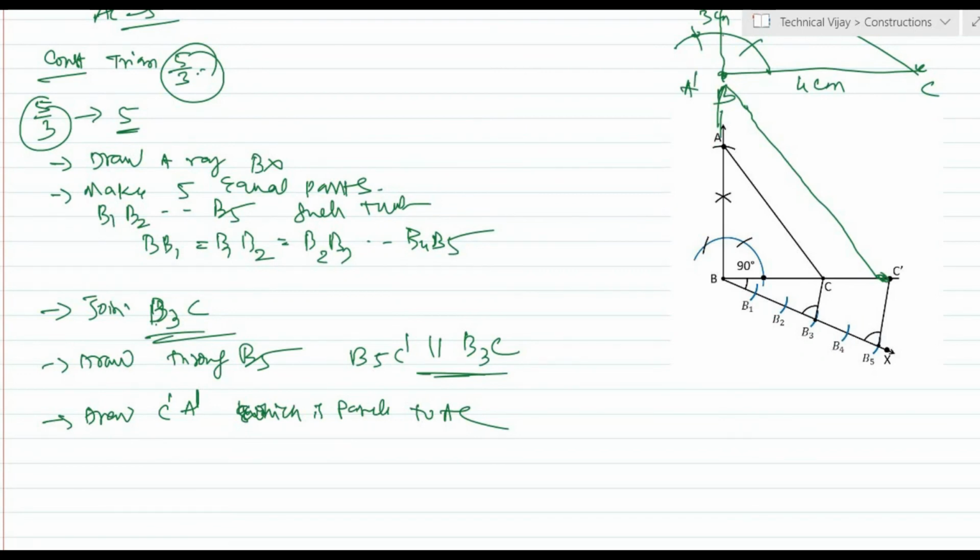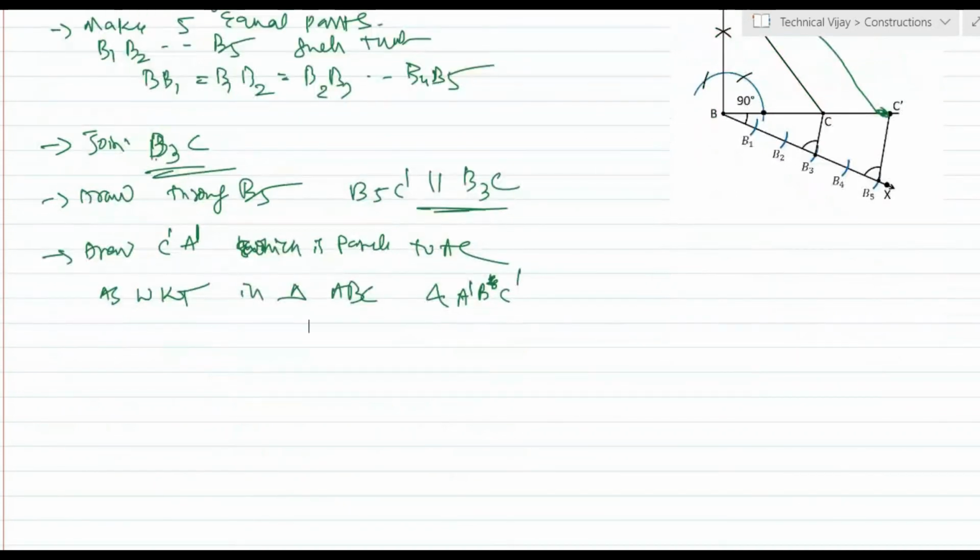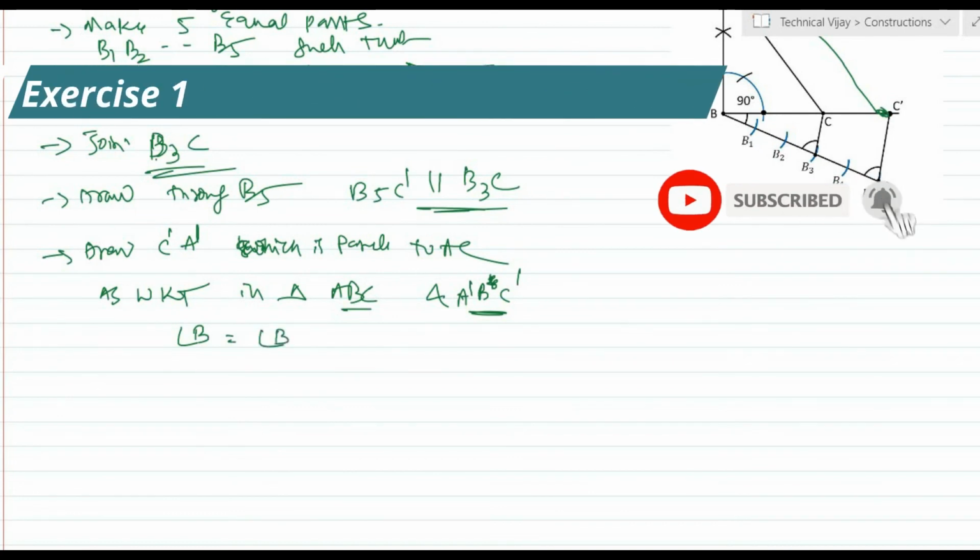As we know, in triangle ABC and triangle A dash B C dash, angle B is equal to angle B, because it is a common angle.